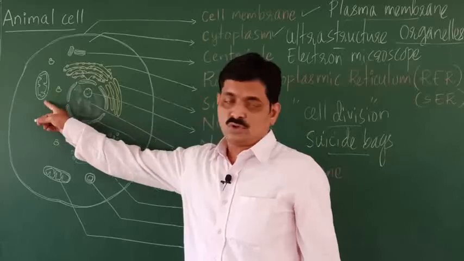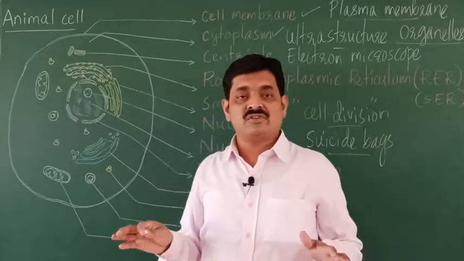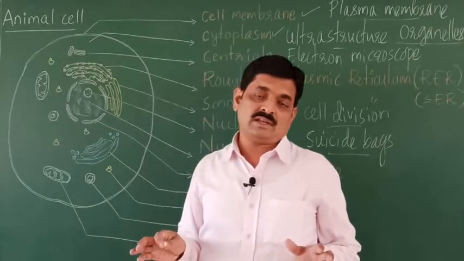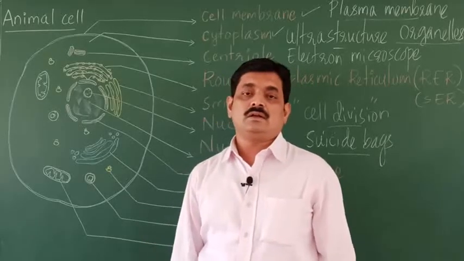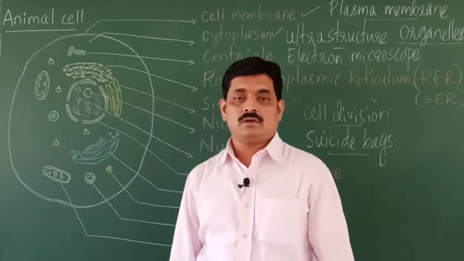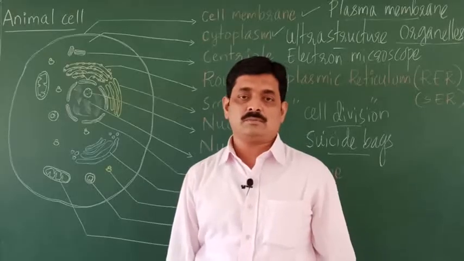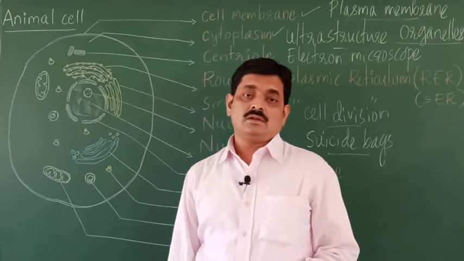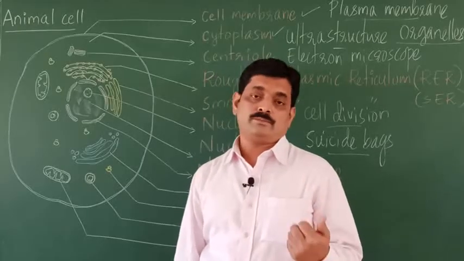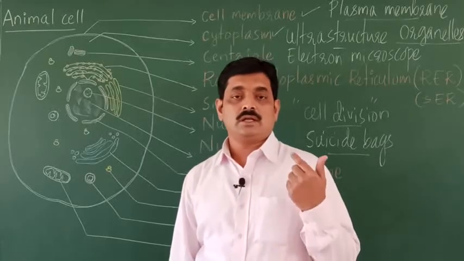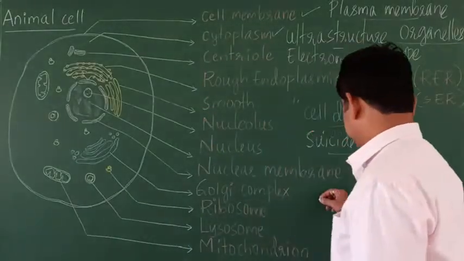One more is here. So you find many mitochondria in the cytoplasm. These mitochondria are called the powerhouse of the cell because they produce energy in the form of ATP.